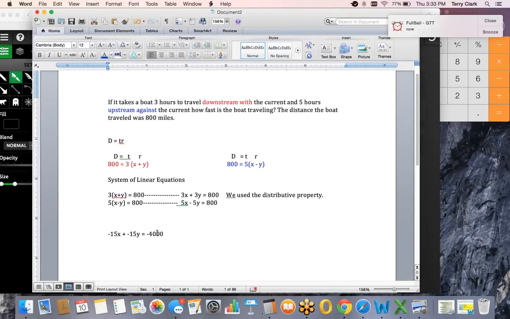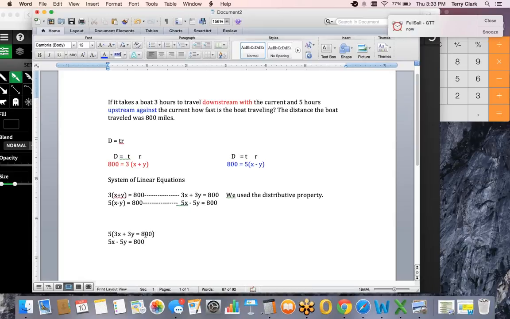Now the next step is going to be to use that LCM, the least common multiple. So I'm going to copy that and bring it down here. And then I'm going to copy this one and bring it down. Now, the LCM in this case is going to be, I can get rid of the y by multiplying the top by 5. And so that'll give me 15 there.